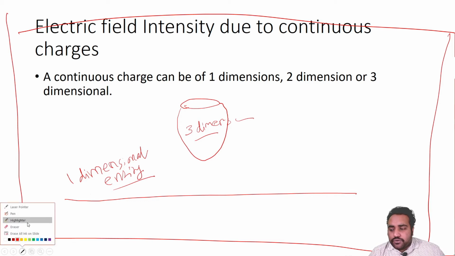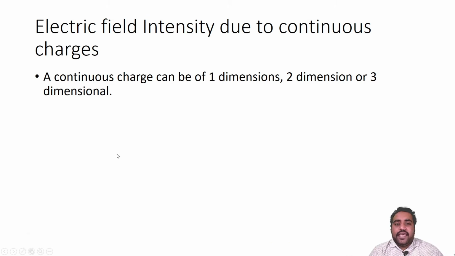In the current module, we would only discuss the one-dimensional charges, that is, the wires. We will not discuss the two-dimensional body in the current module, although we will discuss that in the next module.